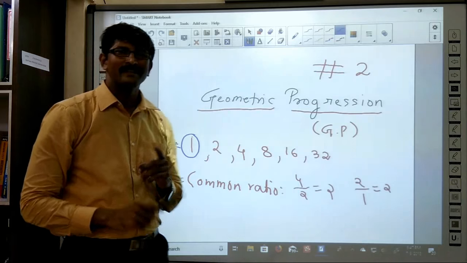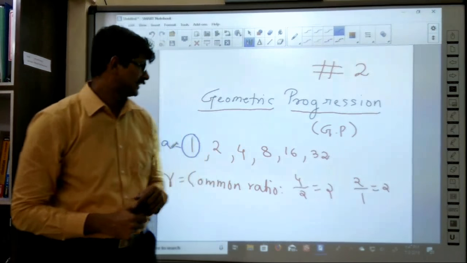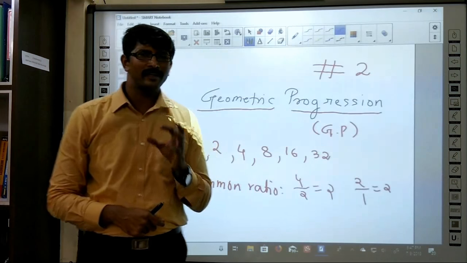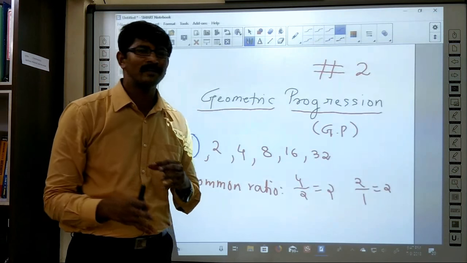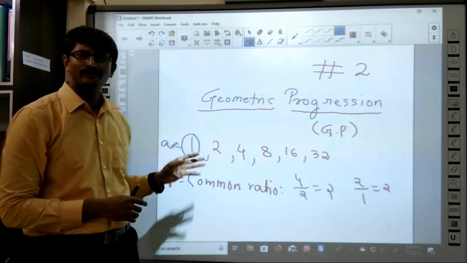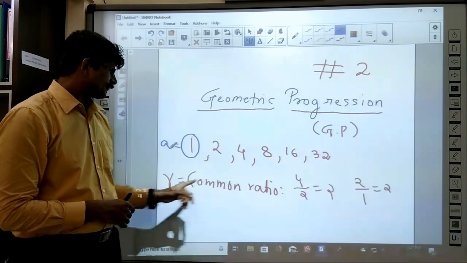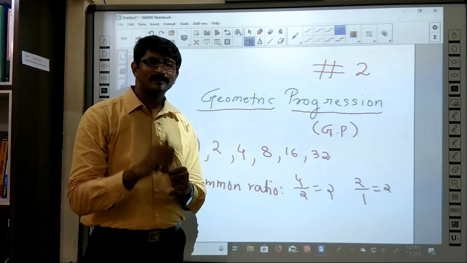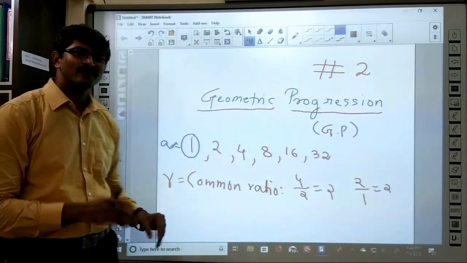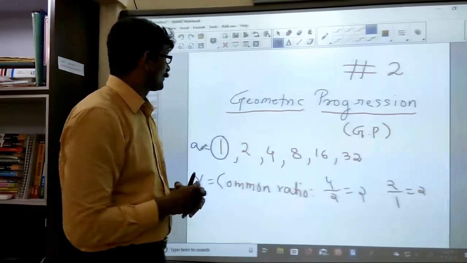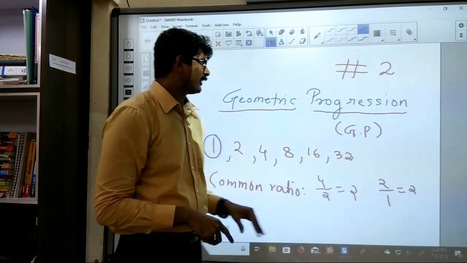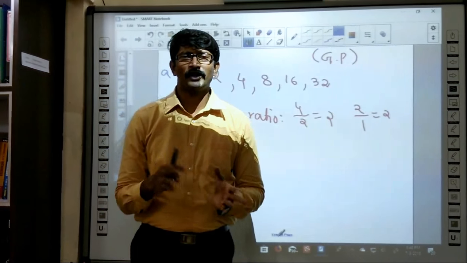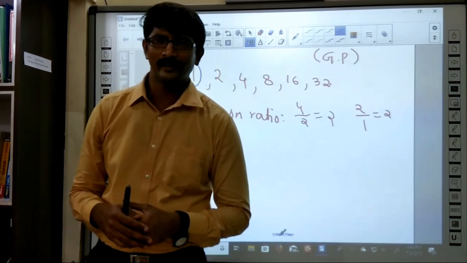Those who were attending the last class know a stands for first term. Similarly, in geometric progression, a stands for first term and R stands for common ratio. I hope you are understanding everything. In case not, don't worry, you can put it in your comments and I'll quickly reply.